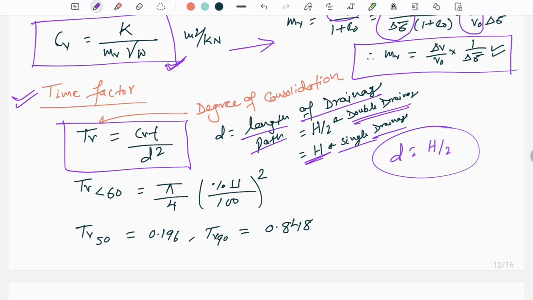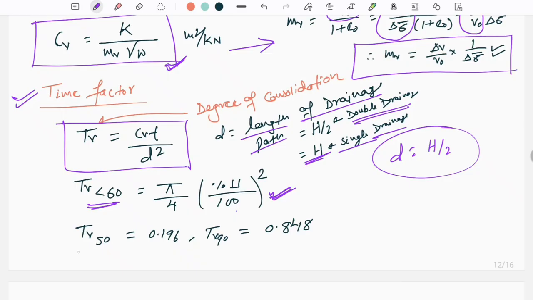And Tv you can directly find from this expression: Tv is equal to pi by 4 into U by 100 whole square, where U is in percentage, right? So if the degree of consolidation is less than 60, then you use this equation directly, and if it is greater than 60, then there is a different expression.